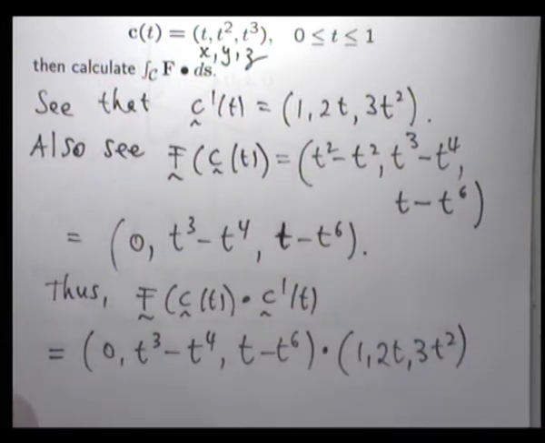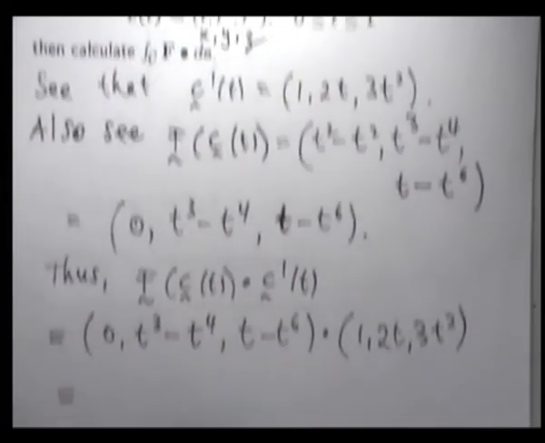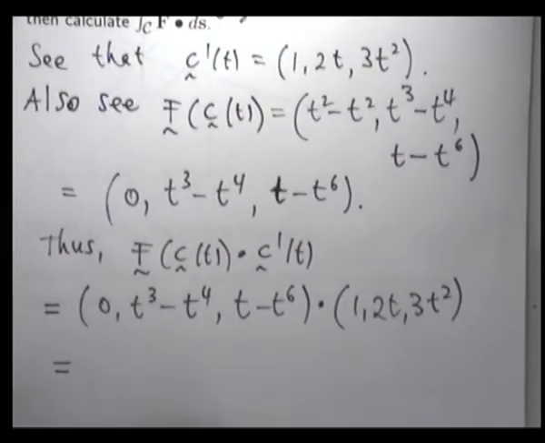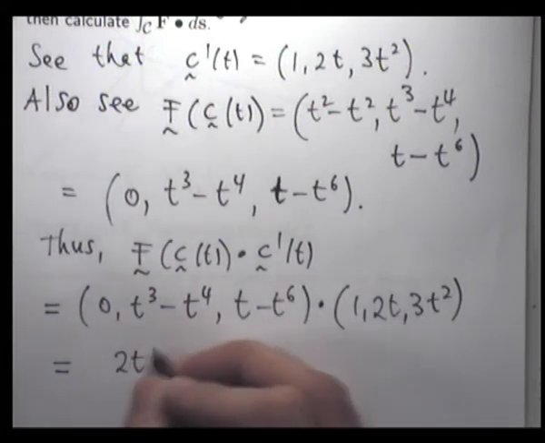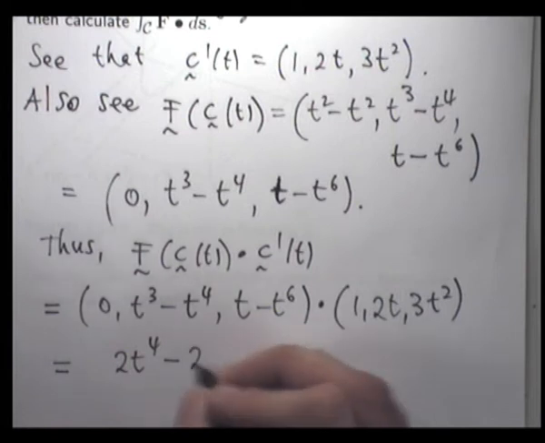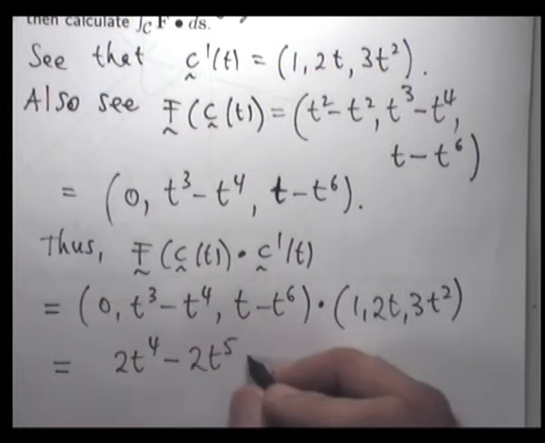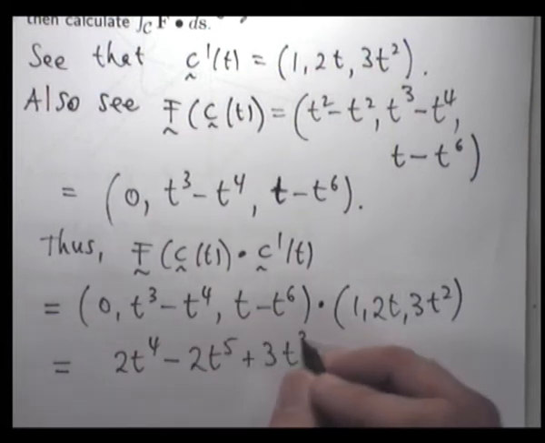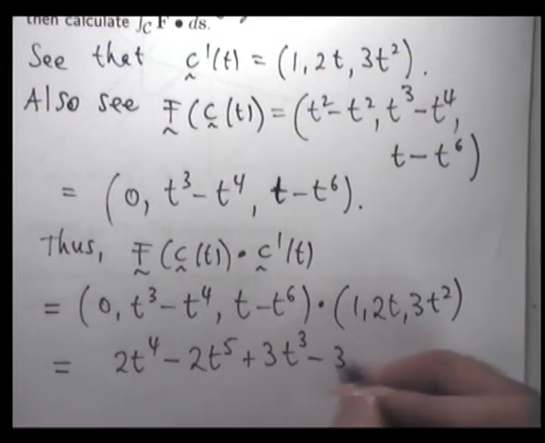Okay, so it's just the following dot product. It'll produce some function of t. So what are we going to get? So the 0 times 1, 0. It's going to be 2t to the 4th minus 2t to the 5th plus 3t cubed minus 3t to the 8th.